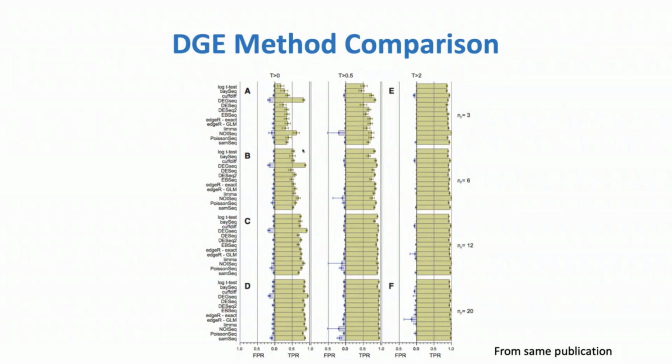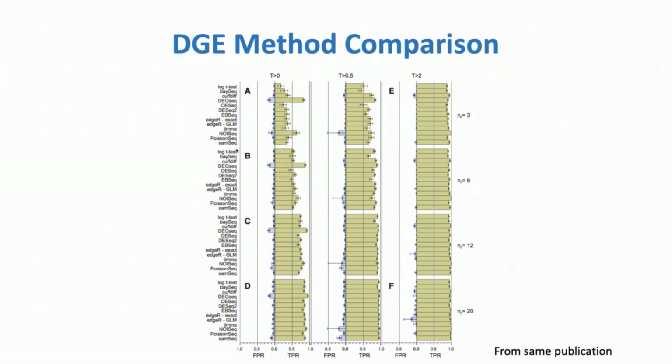But here we have an example of the true positive rate that we get. Each bar here is a different algorithm for differential gene expression. On the left, you have the false positive rate, which means, do I detect a lot of things that are wrong?